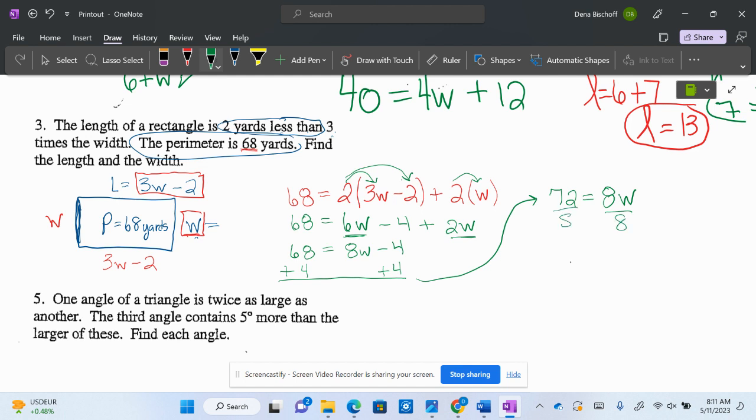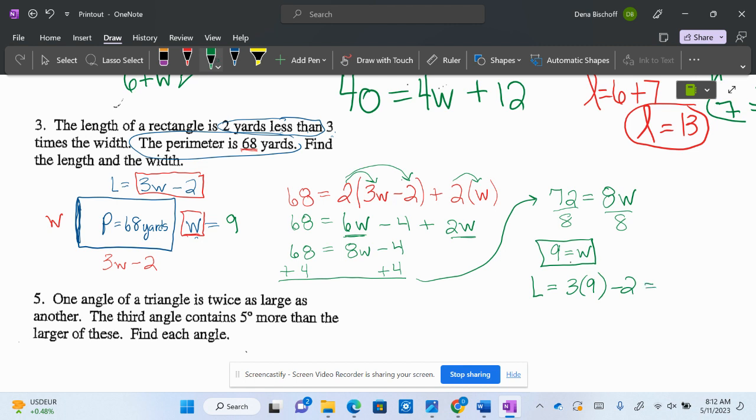Divide both sides by 8. So 9 equals W. So if W equals 9, what does our length equal? 25 yards. Yeah, it equals 3 times 9, right? 3W minus 2.